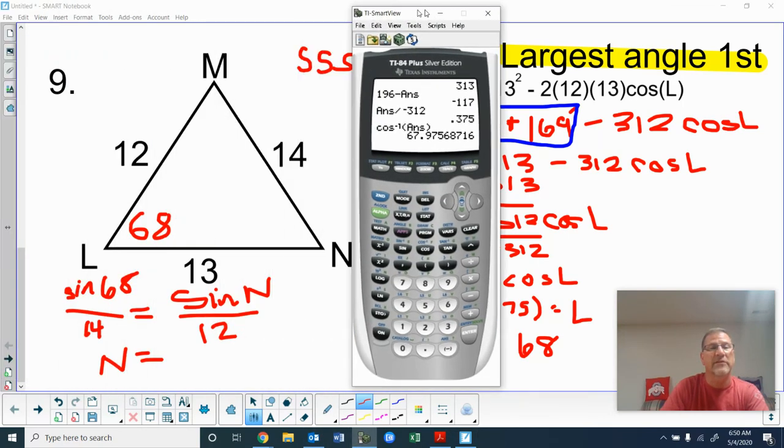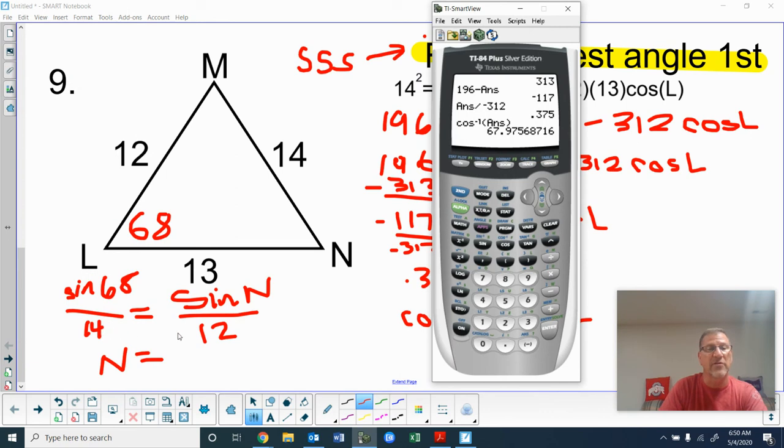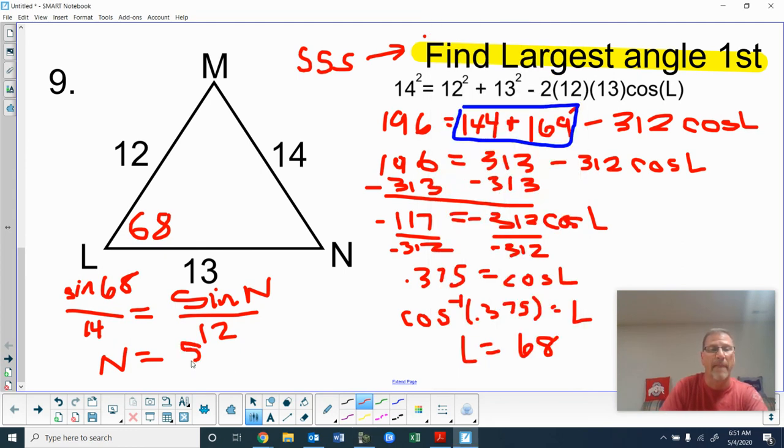Got to move it over so we can see. So 12 times the sine of 68, divided by 14, gives me a decimal. And remember, now we're law of sines. So second sine, second answer would be the angle 52.6. So rounding it to the nearest whole number, it would be 53.